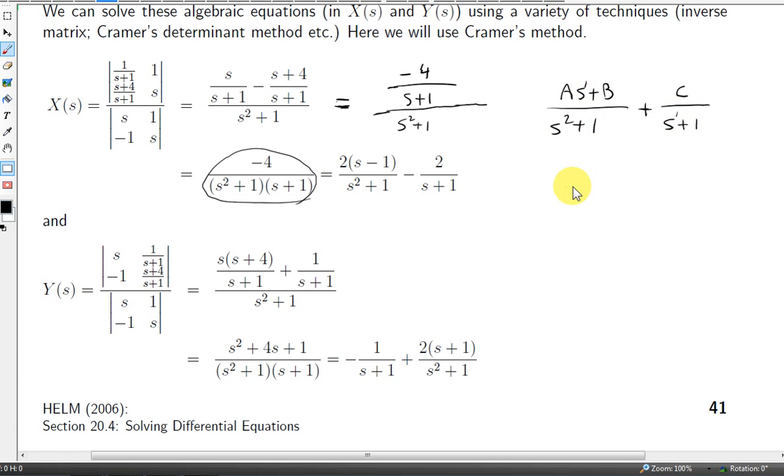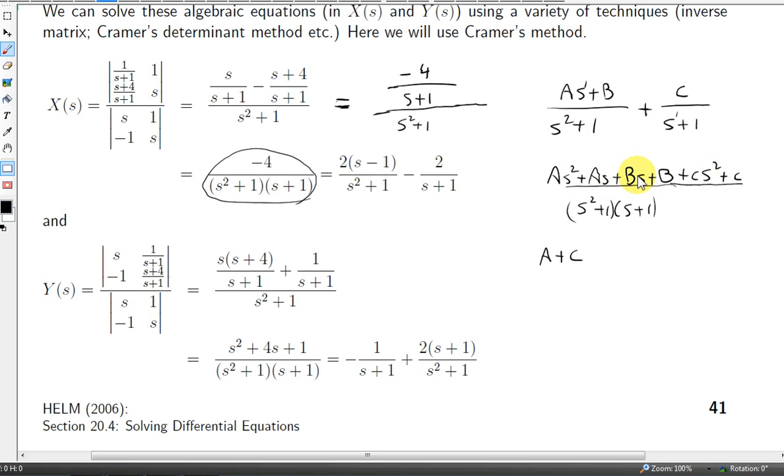Okay, if we add these together, again we've done examples like this, we have as plus b by s plus 1. That's going to give us as squared plus as plus bs plus b. So that's as plus b times s plus 1, and then we have c times s squared plus 1.